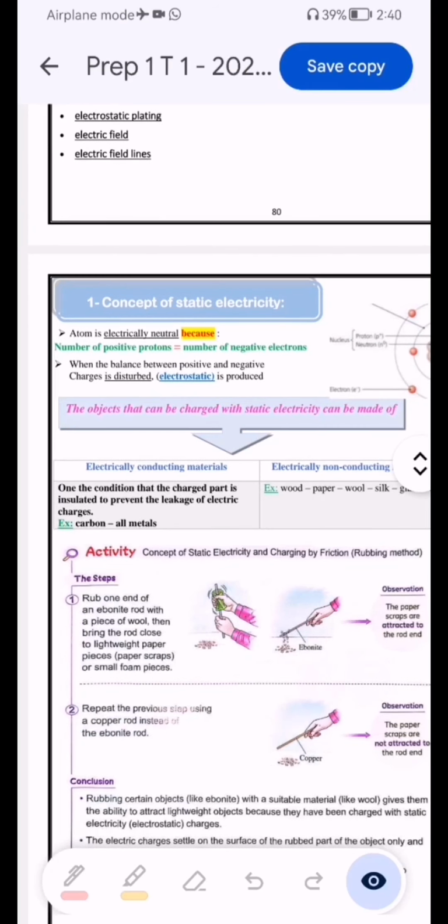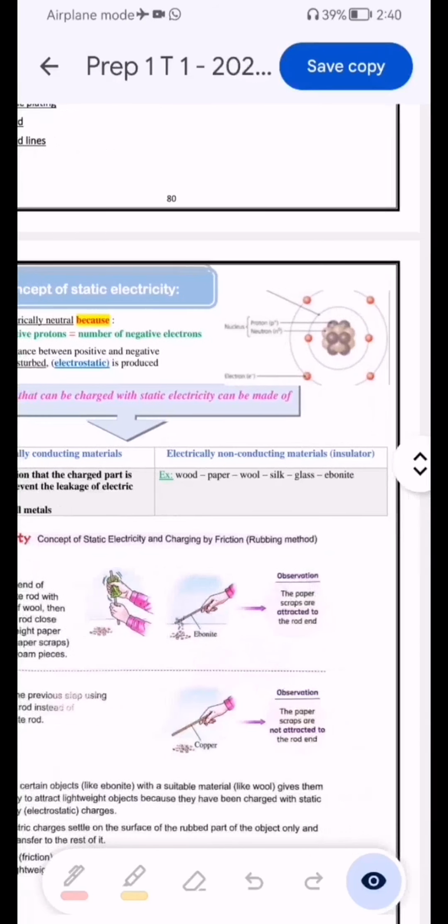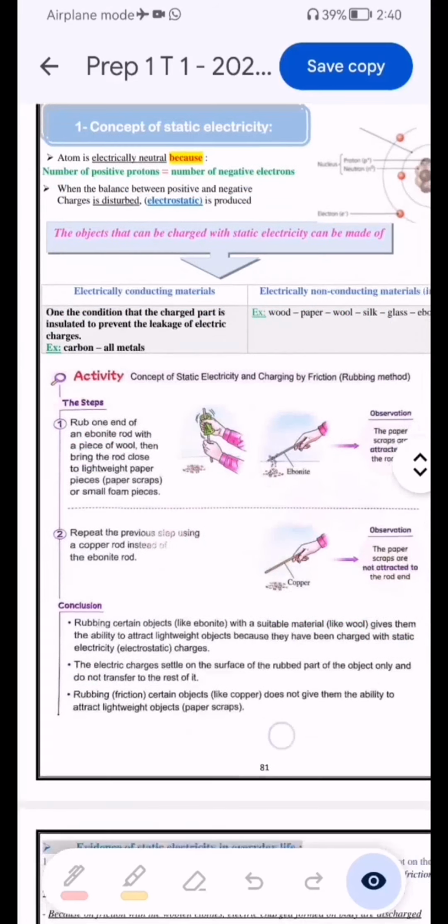One condition: a charged part is insulated to prevent the leakage of electric charges. But electrically non-conducting material is called insulator, like wood, paper, wool, silk, glass, ebonite. In all of them, the charges will accumulate on their surface, so they can attract the paper after friction with another object. Okay? Look at the conclusion.